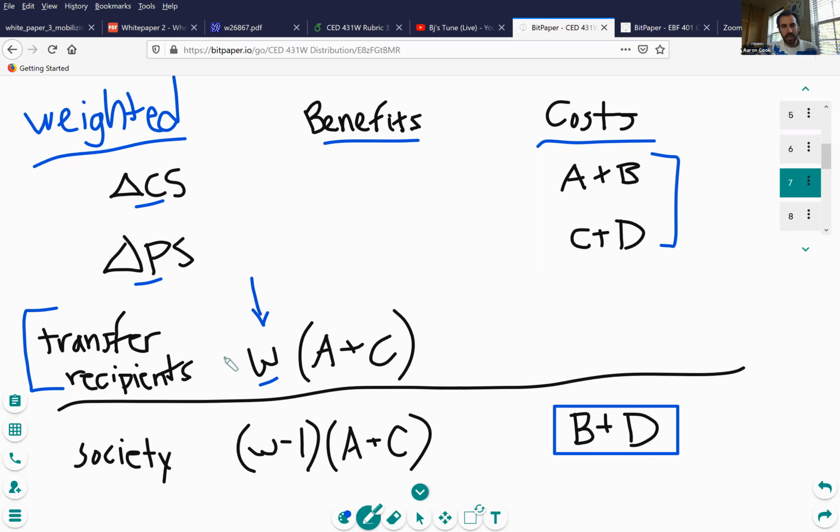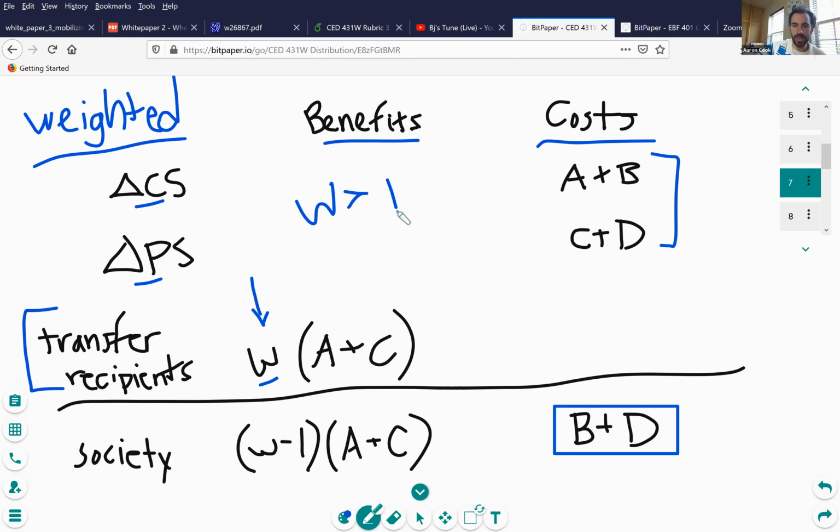We can think about this as being, in the case that you might find this transfer program desirable, this W is going to be something greater than 1, indicating that the benefits to the recipients of this transfer money count more than the losses to the consumers and producers in this goods market that lose as a result of this tax.